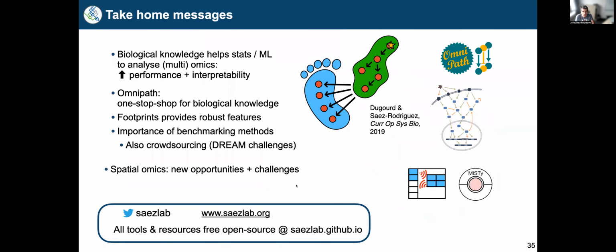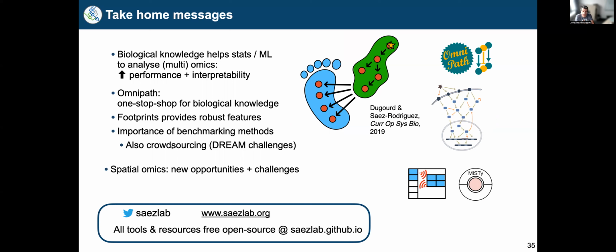And I leave you with the take-home messages that I tried to convey today. I tried to make the point that biological knowledge can be really helpful to support machine learning and statistics to analyze multi-omic single-cell data, improving performance and interpretability. Omnipath is our one-stop shop for biological knowledge. This idea of the footprint of the target genes can be quite helpful to extract features from omics data.